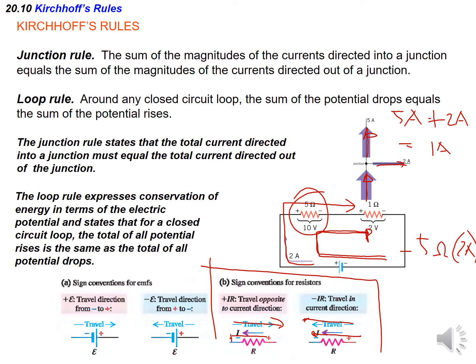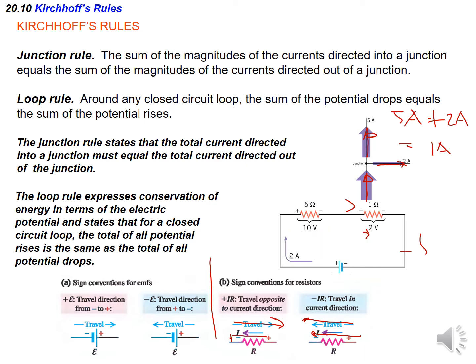On the other side, of course, are the sign conventions for the electromotive force. For electromotive force, we also need to consider the direction of travel. If the direction of travel is from negative to positive, the sign will be positive. In this case, the direction of travel is here, and according to the direction of travel, we go negative first before the positive.